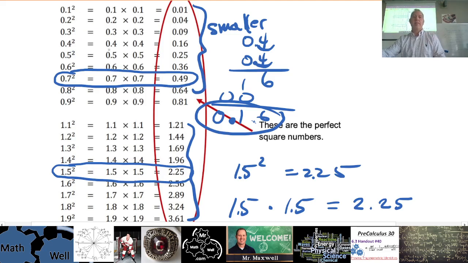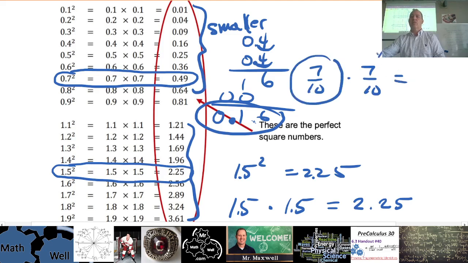Let's see if that makes sense. 0.7 of 0.7. So 7 tenths of 7 tenths. So do you see how this is less than 1? So the answer must be smaller than this one. And it's actually 49 over 100. That's actually smaller than 0.7. 0.7 squared is 0.49. It's smaller than the original number.